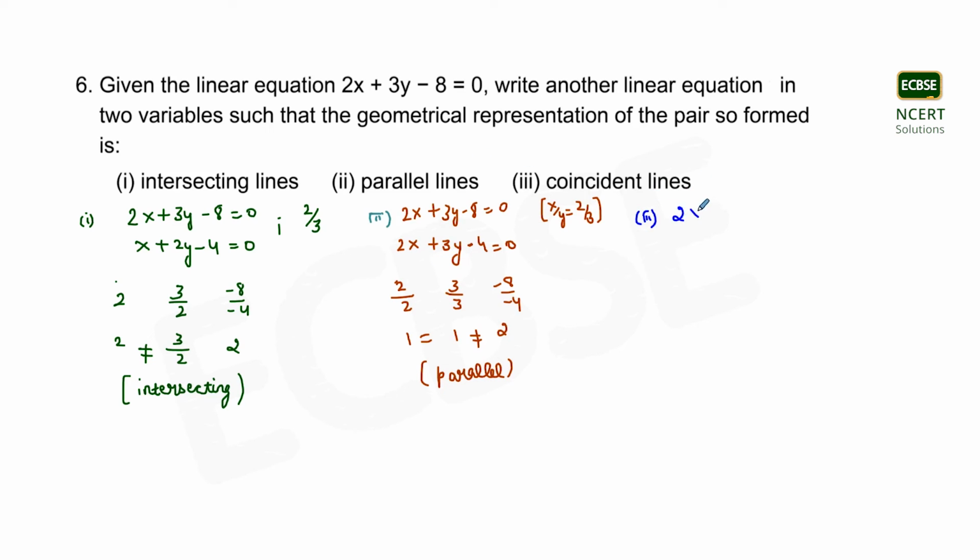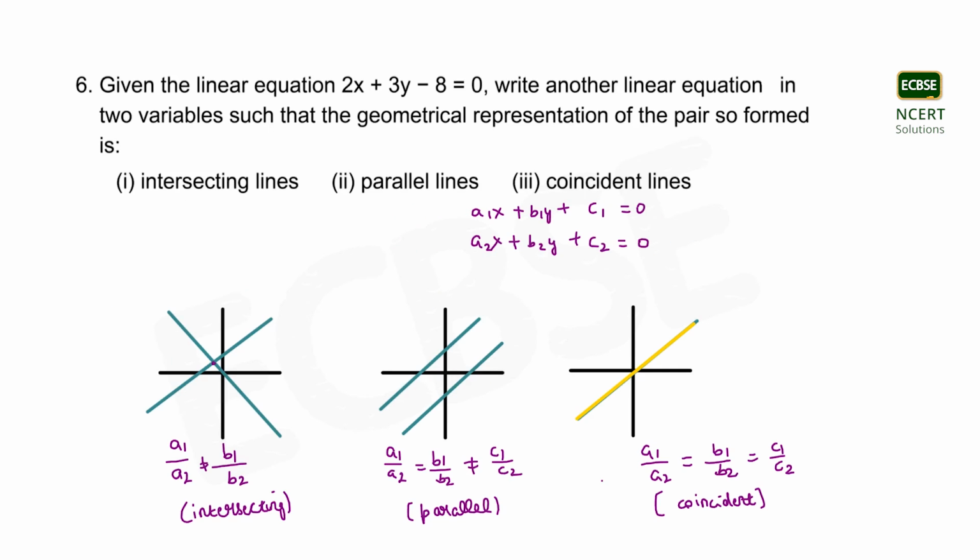Let us write the first linear equation, 2x plus 3y minus 8 is equal to 0. Now we know that the coincident lines have their pair of linear equations such that a1 by a2 is equal to b1 by b2 is equal to c1 by c2.